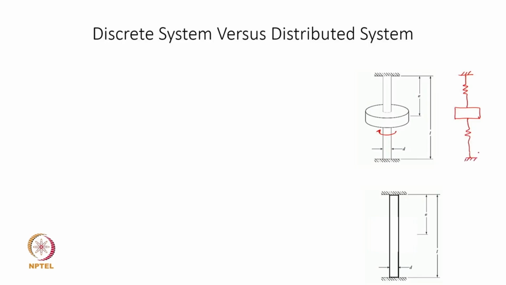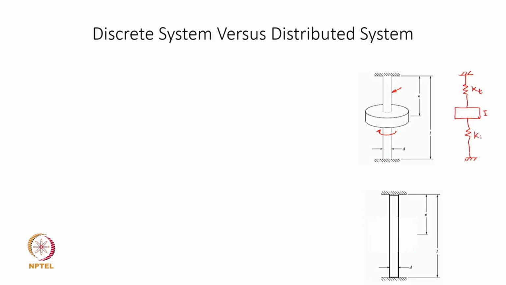So essentially the shaft is considered massless and has only the property of storing the strain energy, which is indicated through a torsional stiffness here. So this KT represents the shaft and the disc represents the inertia.